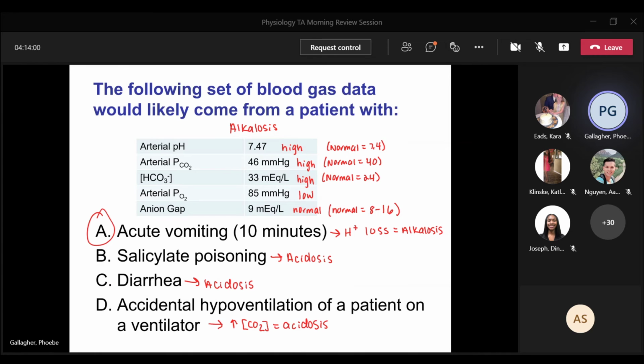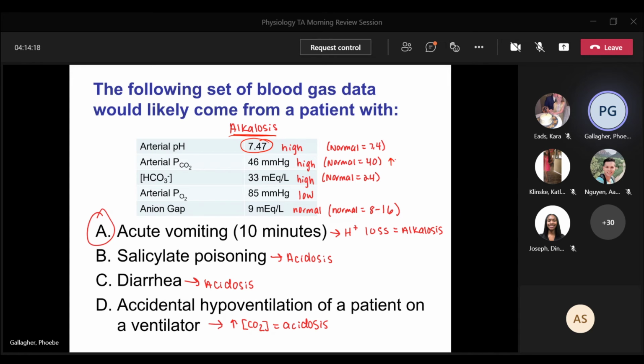For the next one, once again, the first step is to look at the pH. It is high, meaning we're dealing with some kind of alkalosis. To make sure whether it's respiratory or metabolic, we want to look at our CO2 levels. Our CO2 levels are high.